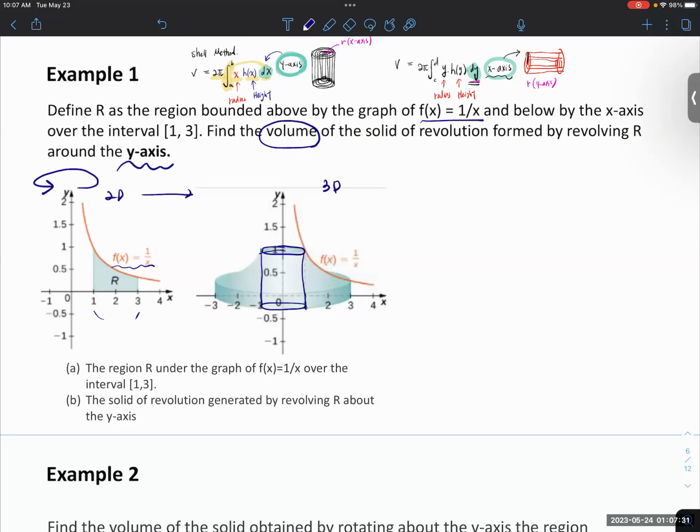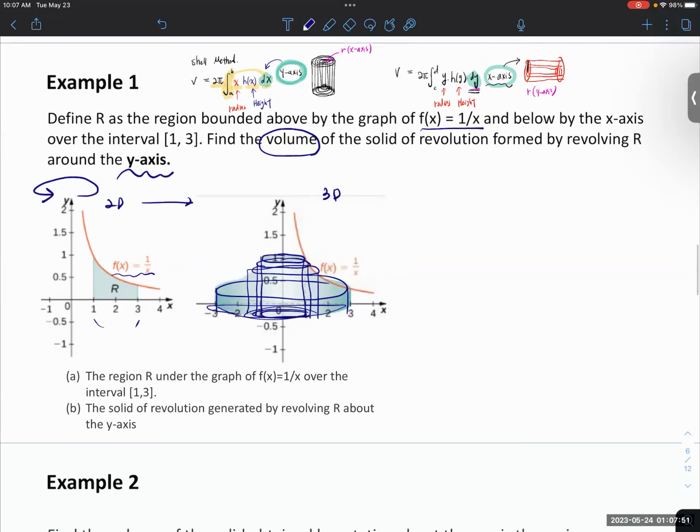One cylinder here, the next one is here, the next one is here, right? So there are infinitely many cylinders when you rotate this function around the y-axis. So we're gonna use the shell method, rotating about the y-axis.